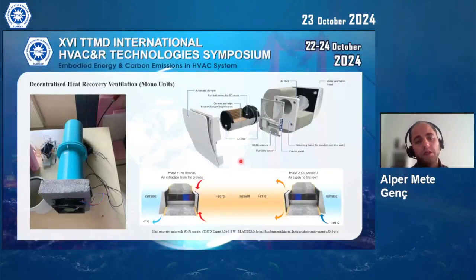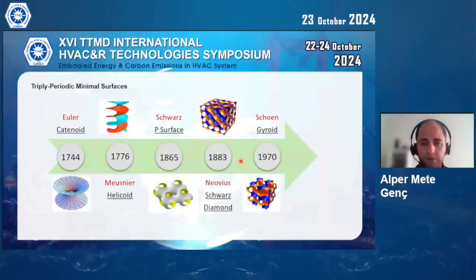Actually, we will change this here. We will change the heat exchanger with triply periodic minimal surface heat exchangers, and I will explain what minimal surfaces or triply periodic minimal surfaces are. Actually, in here there is a historical timeline.